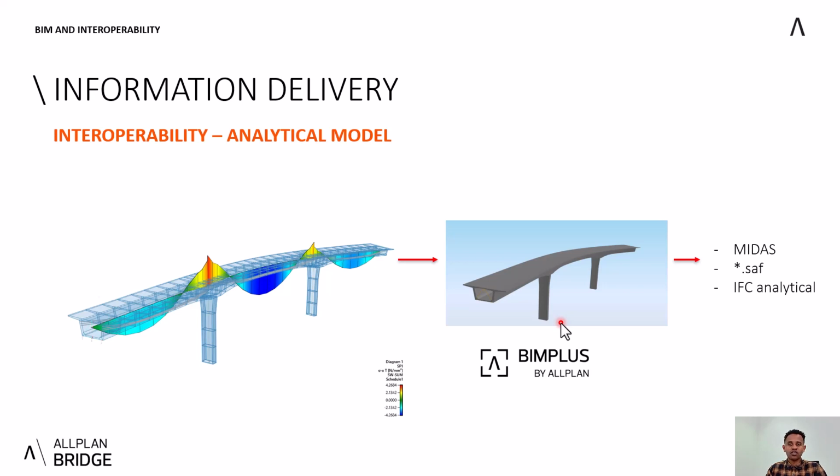SAF is the structural and analytical file format, which is supported by many analytical solutions such as SIA, Sophistic, and so on. So basically from BIM+, you can export to SAF file format, and from SAF file format you can import it to Sophistic, SIA, and so on.